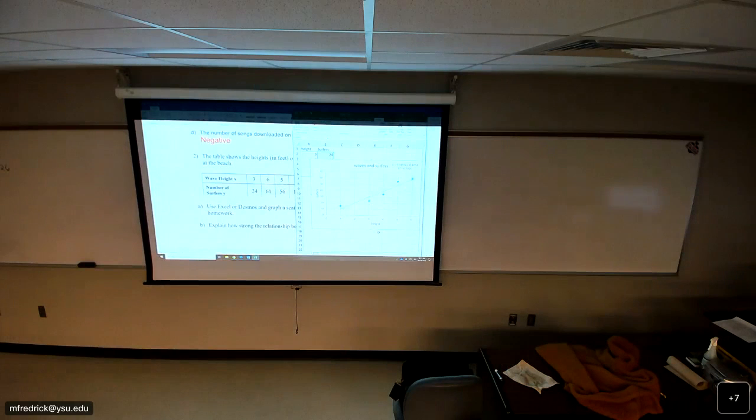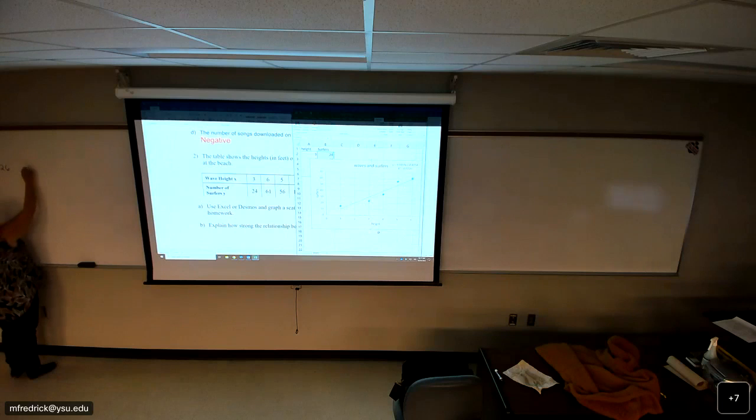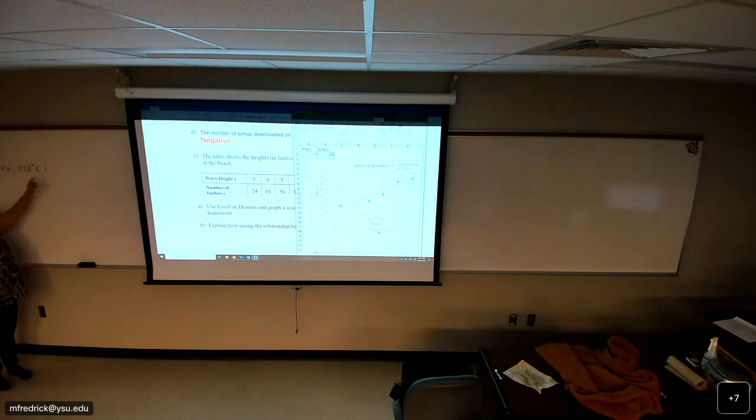Does that mean there's a strong relationship or a weak relationship? Strong relationship. The closer it is to one, the stronger the relationship. Remember, R squared is between 1 and 0. So the closer it is to 1, the stronger it is. The closer it is to 0, the weaker it is.